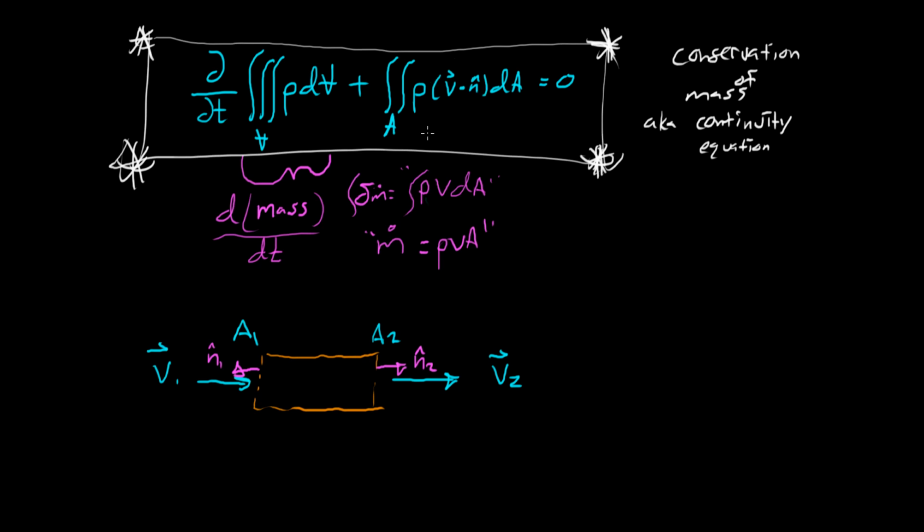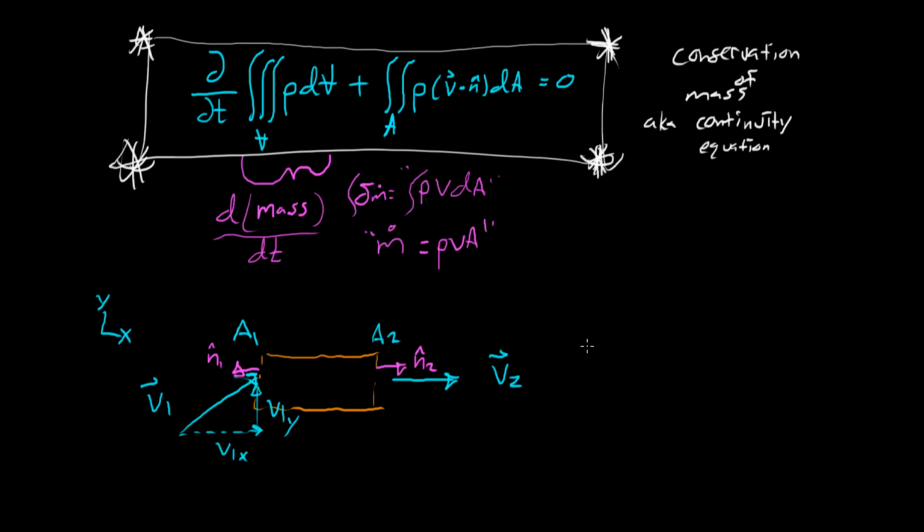And so all this dot product is doing is handling the fact that if instead V1 looked like this, where it has an x component v1x and, say, a y component, v1y, with a little coordinate system of x and y, only the x component actually contributes to the mass flow crossing this boundary.